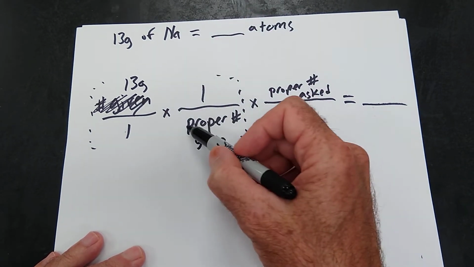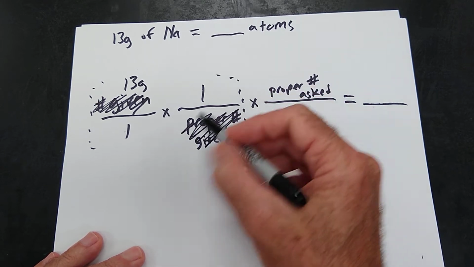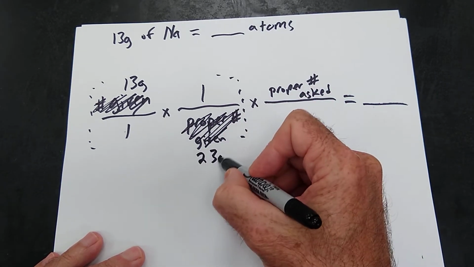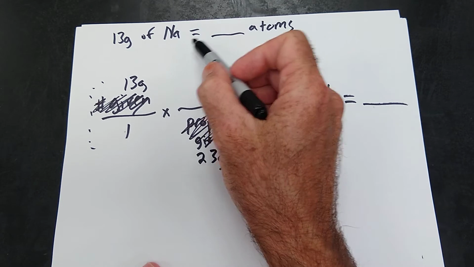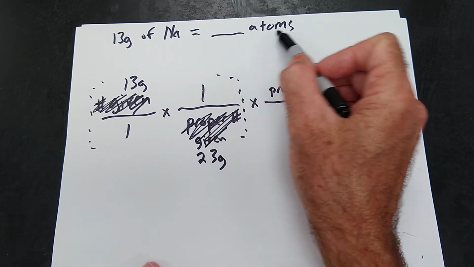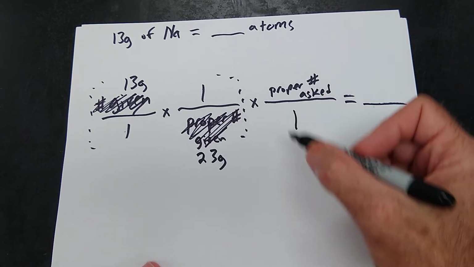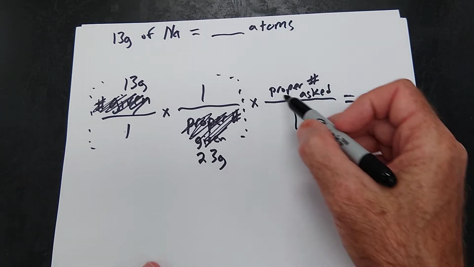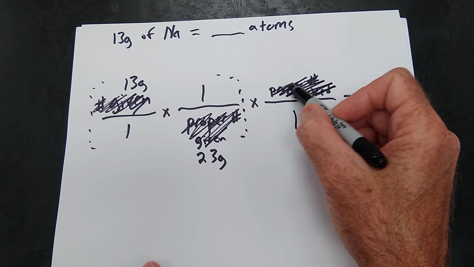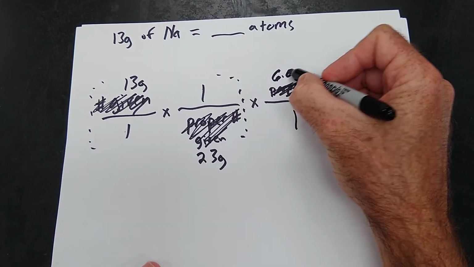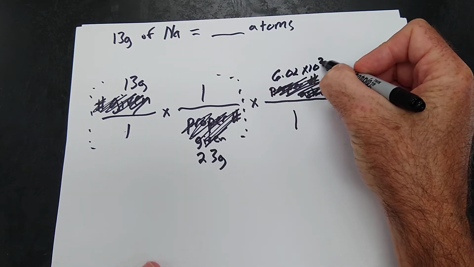You'd look that up on the periodic table, and you'd say, yep, it's 23 grams. And then they're asking us to name it in atoms. What's the proper number for an entire mole of atoms? It is 6.02 times 10 to the 23rd.